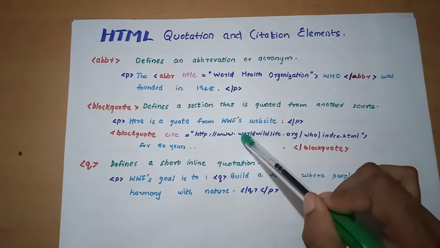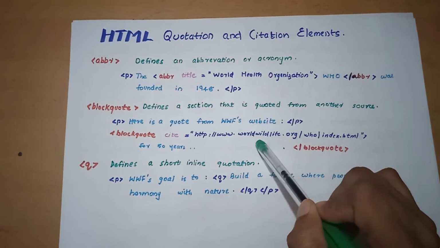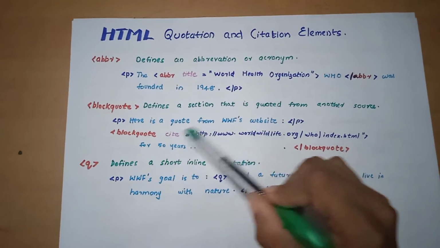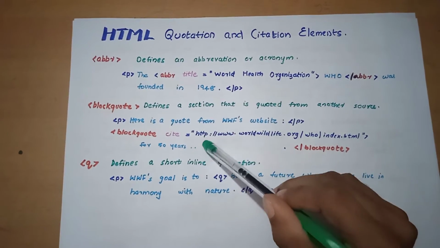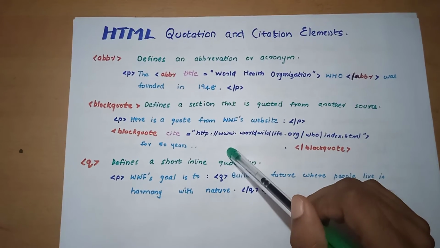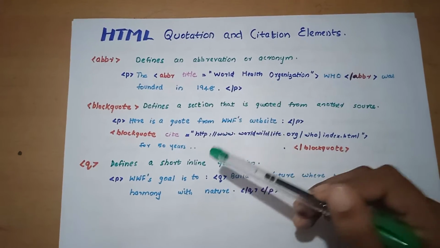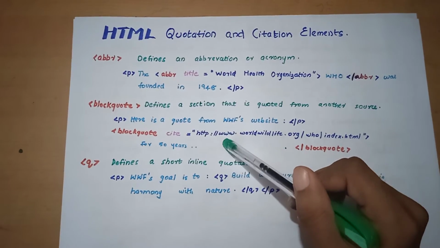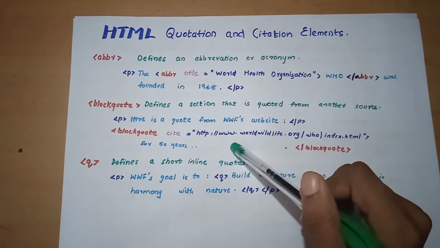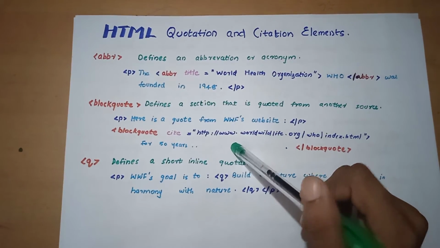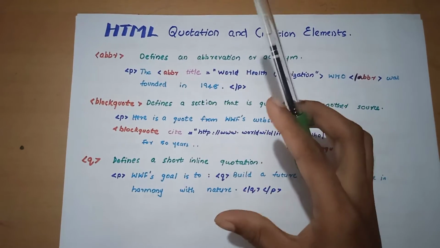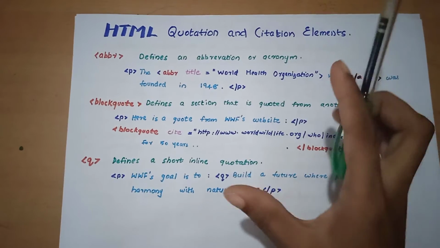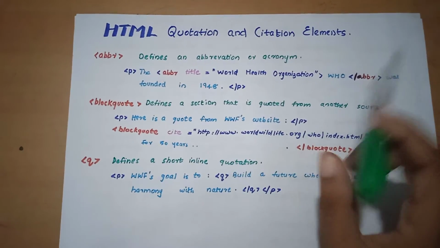So in order to access that whole thing from this site, we used this blockquote tag, and we write the whole thing inside here. Whatever we want to copy from there, or add from that site to our page, we use this blockquote, and that will normally be displayed in a special section of words.